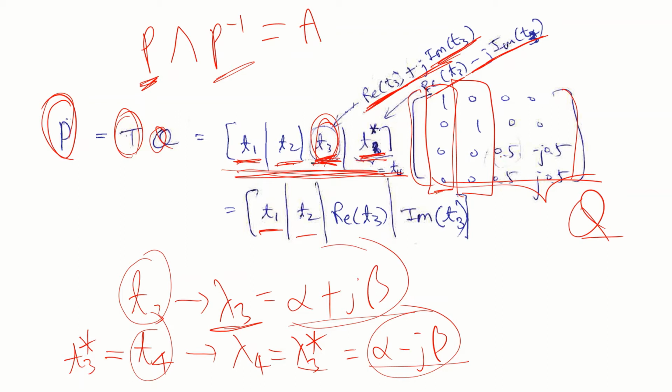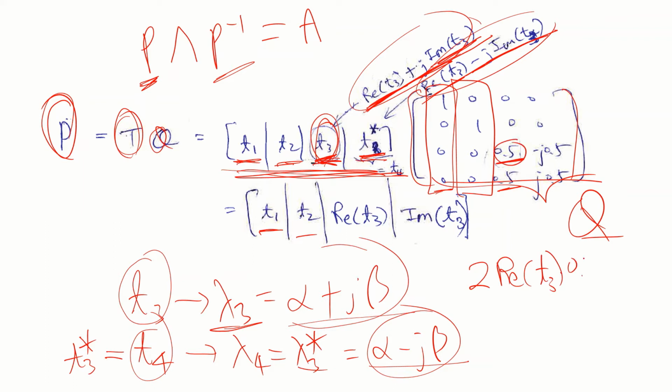Because of 0.5 and 0.5, this gives the sum of these two with a factor of half, that is 2 times the real part of T3 times 0.5, which gives you the real part of T3.